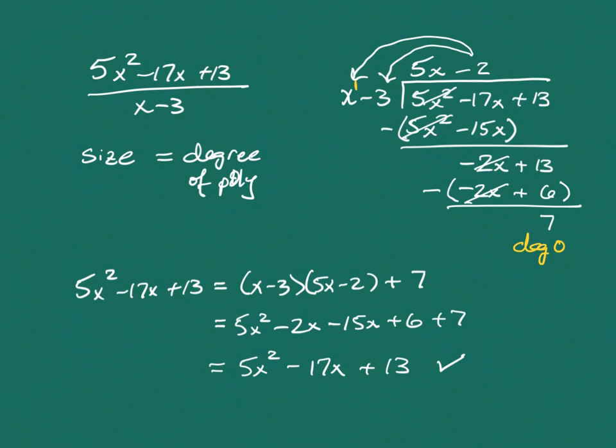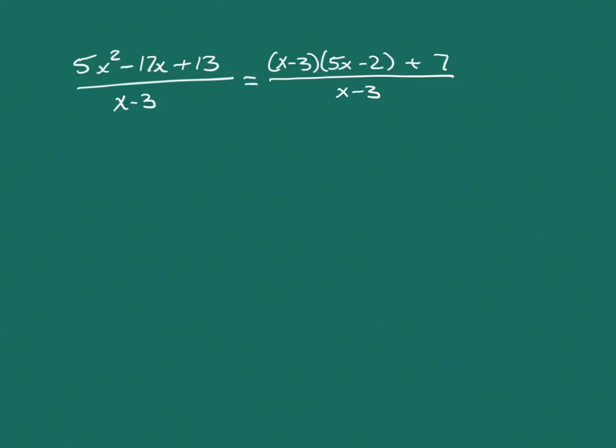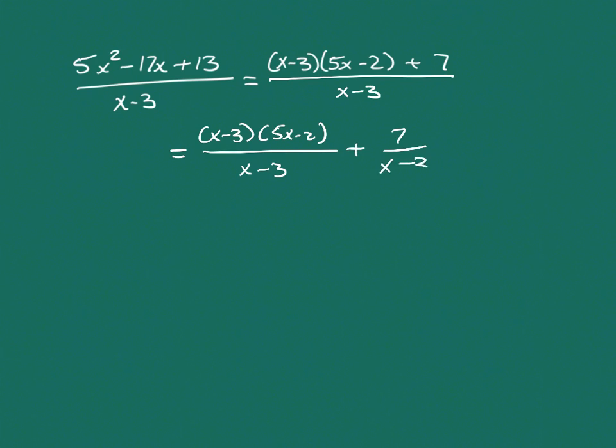So now in my rational expression, I replace the 5x squared minus 17x plus 13 and rewrite that as (x minus 3) times (5x minus 2) plus my 7, and I can decompose that so I divide each term by my x minus 3, plus my 7 over x minus 3.